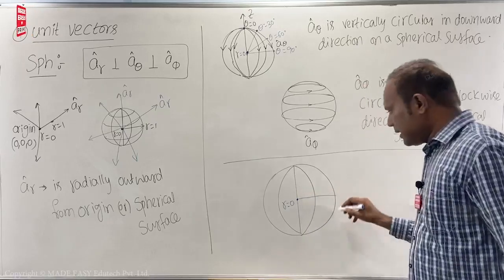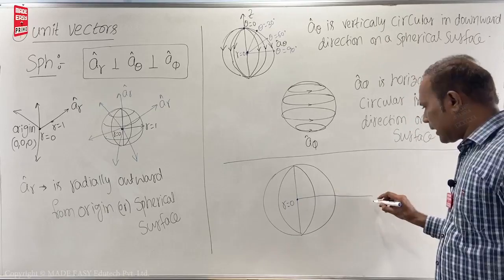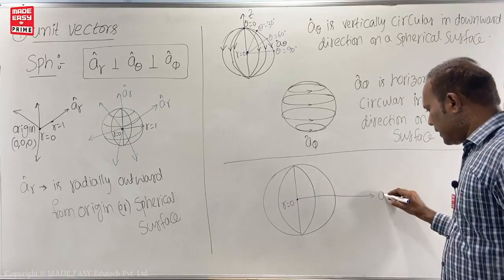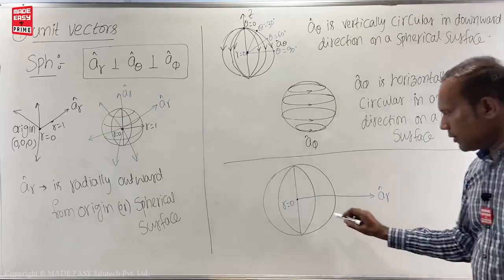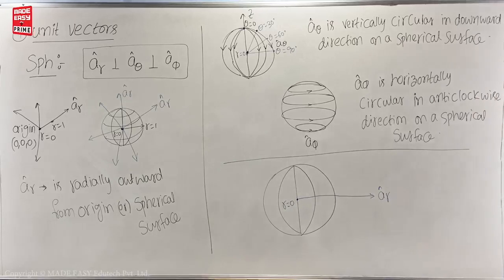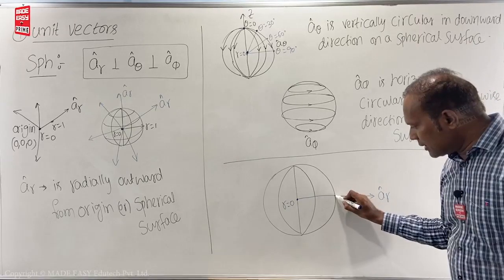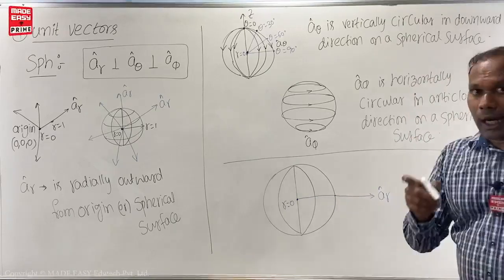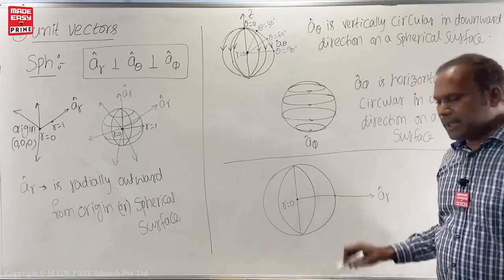Here if I go like this, then radius is increasing. That is why it is AR cap. So here radius 0, radius 1, radius 2, like this, radius increasing, that is AR cap. This AR cap always make 90 degrees to this spherical surface at the location wherever it cuts this spherical surface.